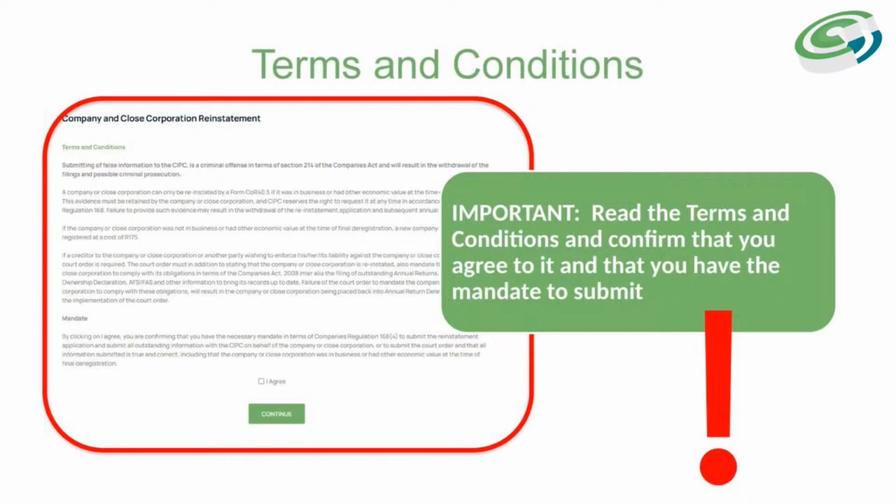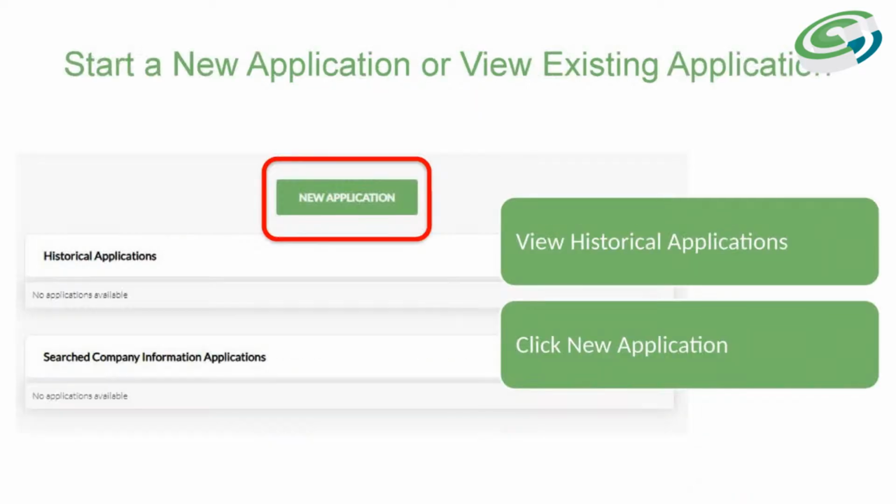Colette must confirm that she does have a mandate to file that information. It's part of the company's regulations that unauthorized people should not be filing. So we're checking there. And remember, if you click there and you've lied to us, it's a criminal offense. Once you agree to all of those conditions, you click on I agree, and then you select continue.